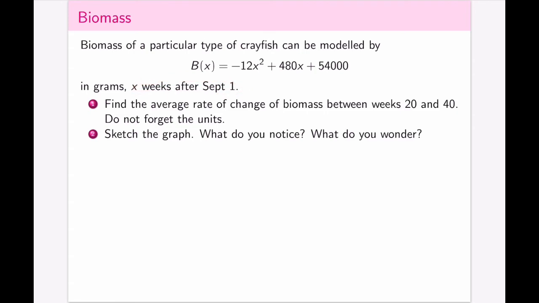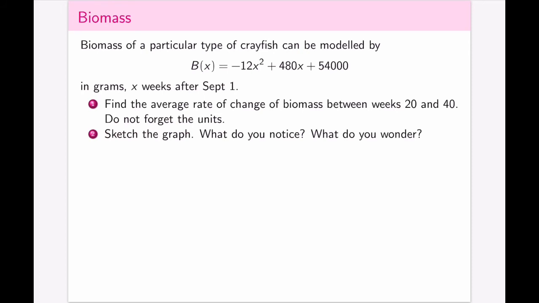So let's see what we are after here first. First of all, we would like to find the average rate of change of the biomass between weeks 20 and 40 and make sure that we have the unit. And then we're asked to sketch the graph and interpret this information within the graph.